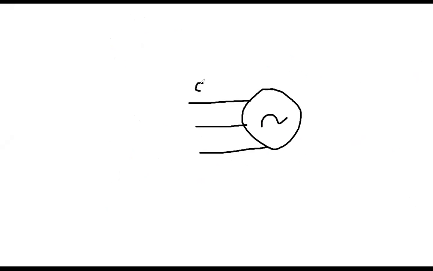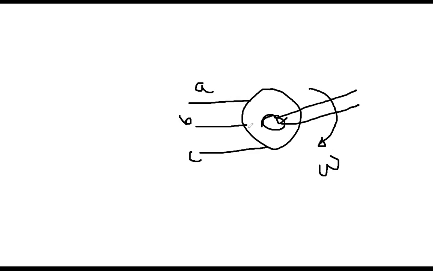This is A phase, this is B phase, this is C phase. This is the motor, for example, and you want to start it. This is the shaft of the motor. Now, for example, this is the indicated direction, the clockwise direction for this motor.